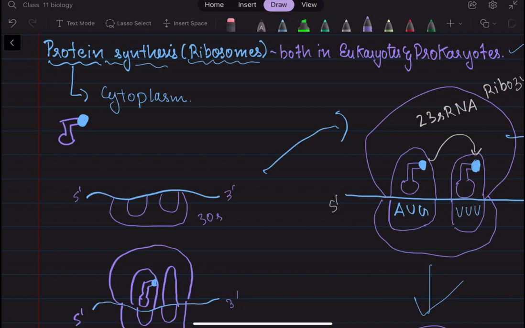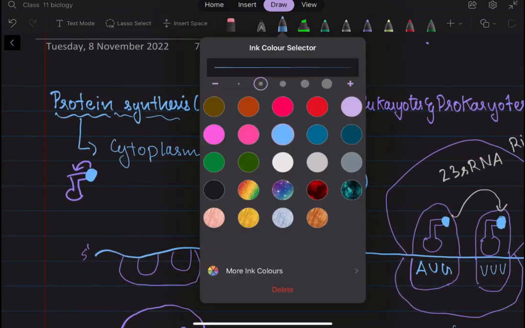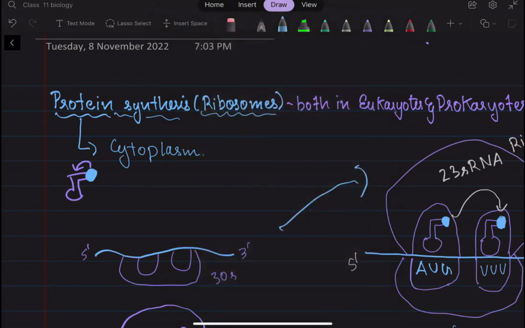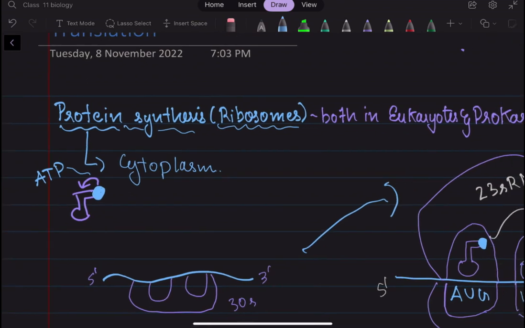That means its respective amino acid gets linked to the tRNA at its 3' end, as we learned while studying about the tRNA. This happens in the presence of ATP, as every metabolic process requires ATP. So here also the attachment of the amino acid to the 3' end will require ATP, and that is why we also call this the charging of tRNA.